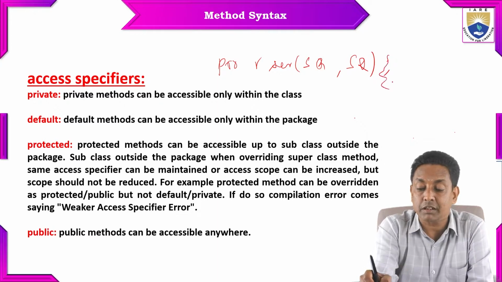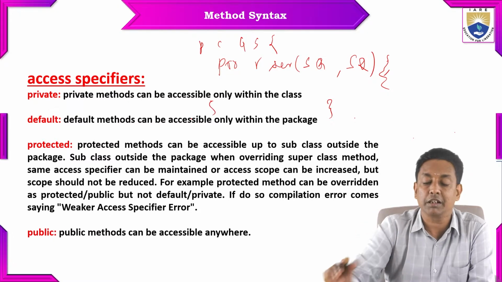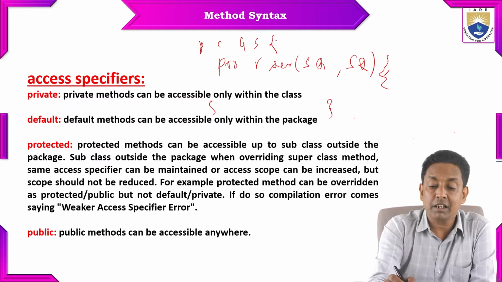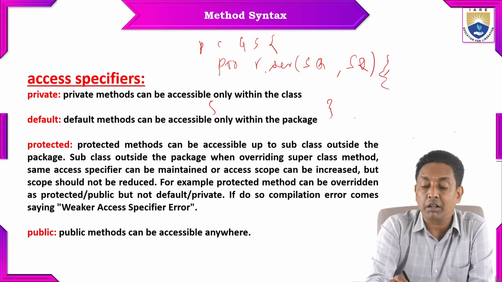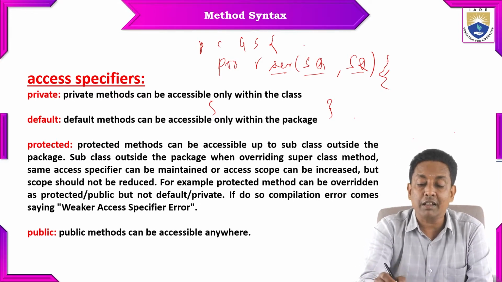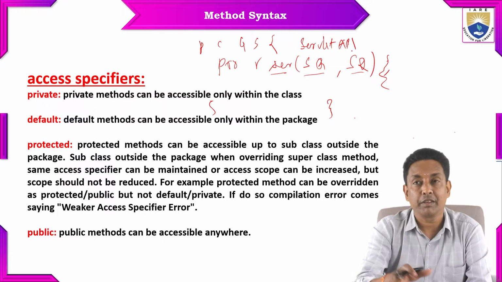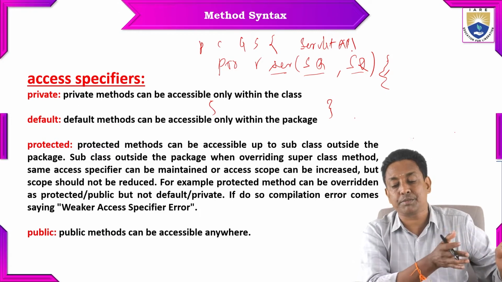This method exists in the public class GenericServlet. Public class GenericServlet has the protected void service method with servlet request and servlet response as parameters. This GenericServlet class exists in the Servlets API, a predefined API that comes with every web server and application server.